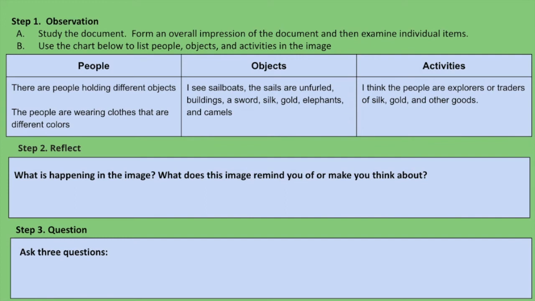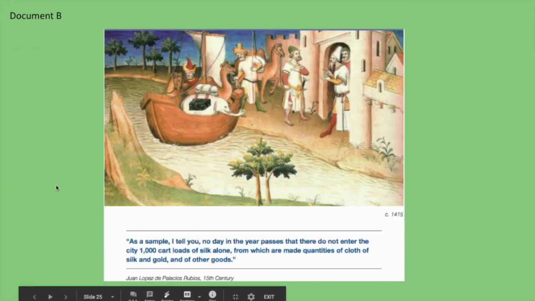I'm going to refer back to the chart in step 1 and formulate a sentence that answers these questions. I believe that explorers or traders are arriving in a city and exchanging resources. Now I'm going to make my thinking visible in the step 2 box on my graphic organizer. Remember, you can always go back to the image as you're thinking as well.